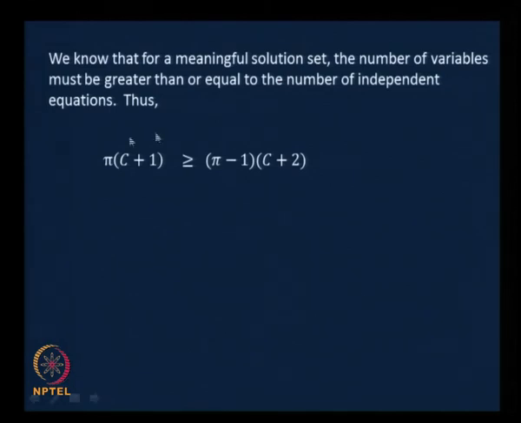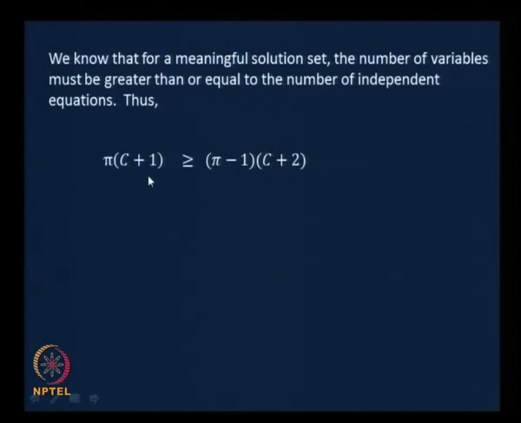We have completely generalized this. We said pi phases and C components, and we got the number of variables as pi into C plus 1, and the number of independent equations between them as pi minus 1 into C plus 2, and we are using the mathematical criterion that the number of variables must be greater than or equal to the number of independent equations between them if we need to solve them uniquely.